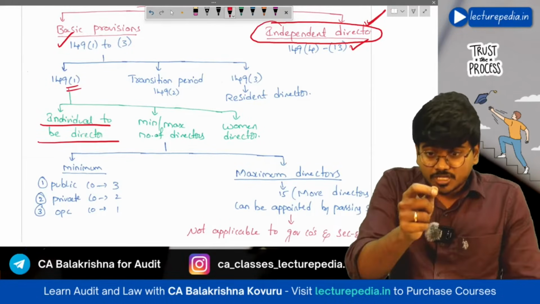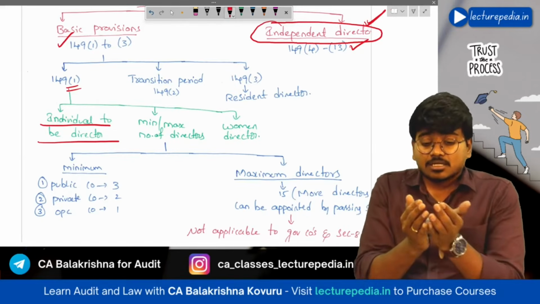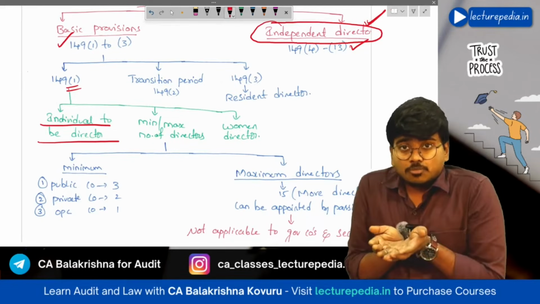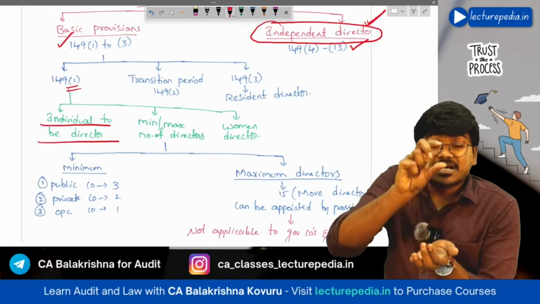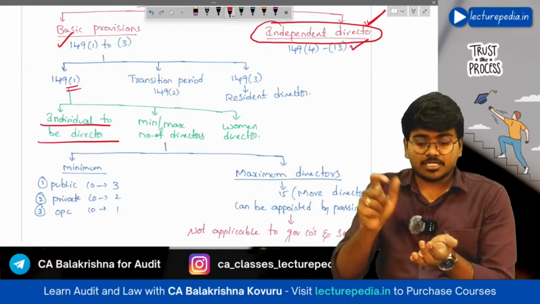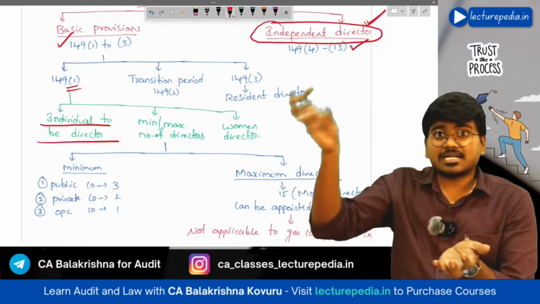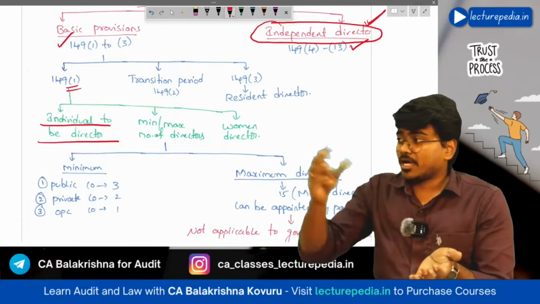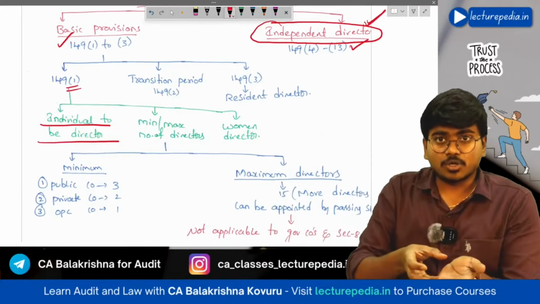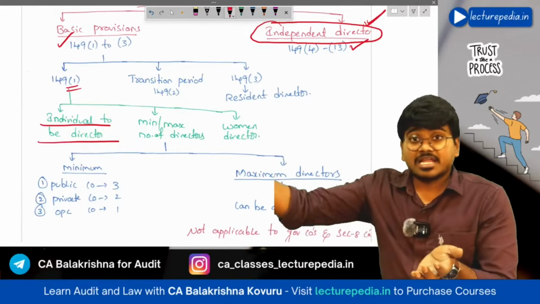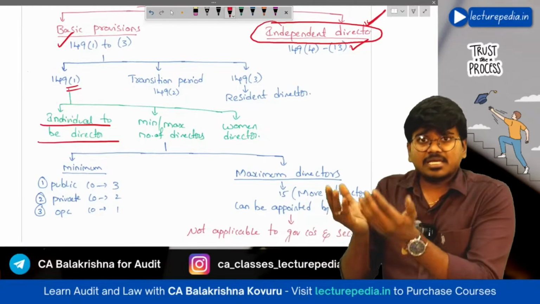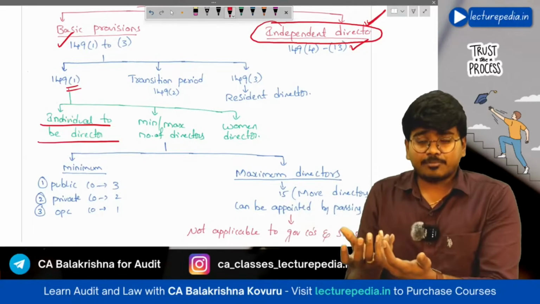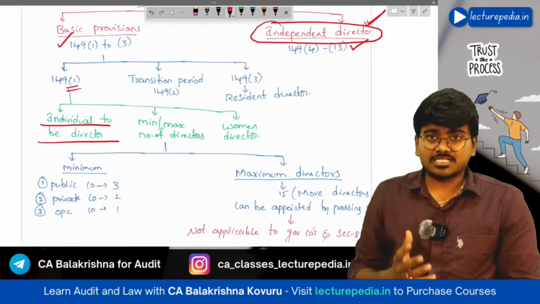Decisions can be taken only by human beings, only by individuals, right? So a director must be an individual. You cannot appoint another company as a director, you cannot appoint a partnership firm as a director, you cannot appoint an LLP as a director, because LLPs and companies are artificial persons; they cannot take decisions.